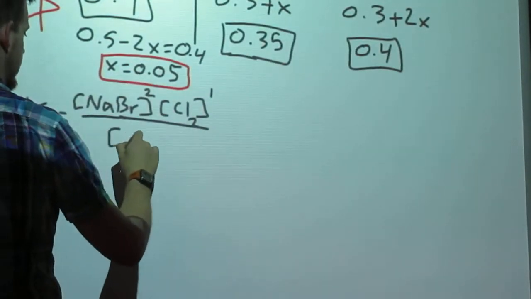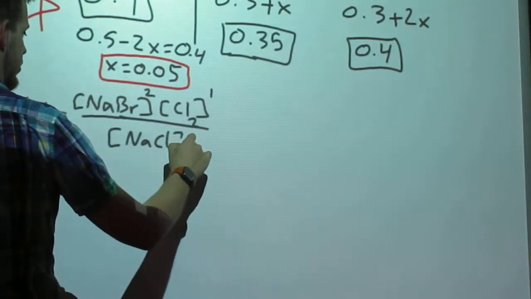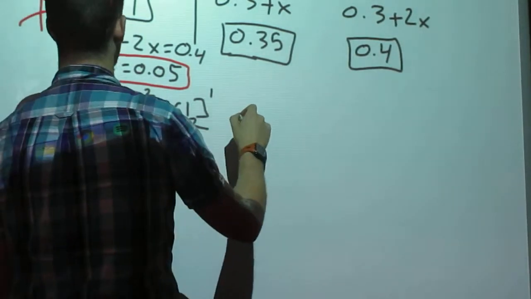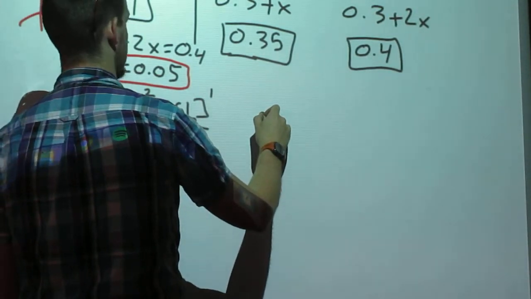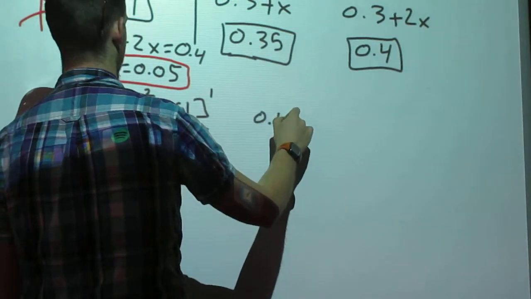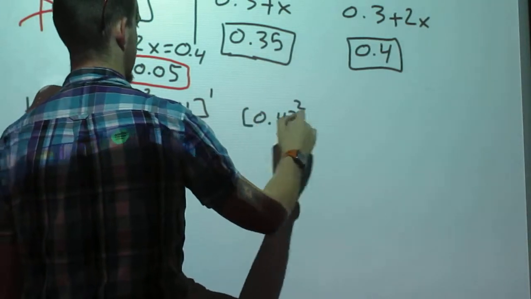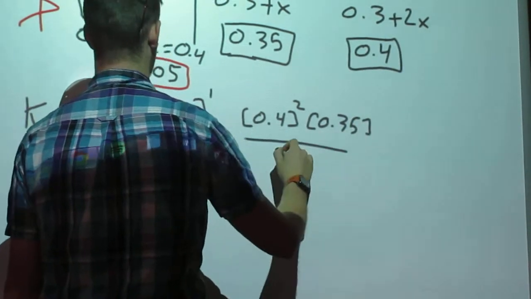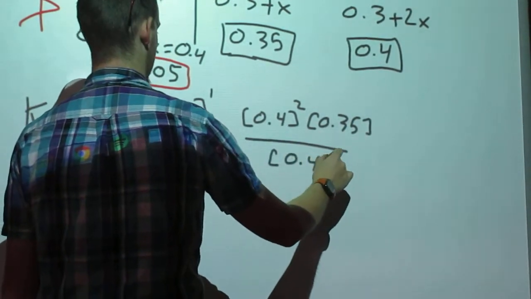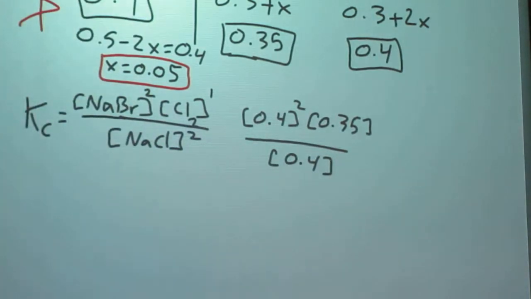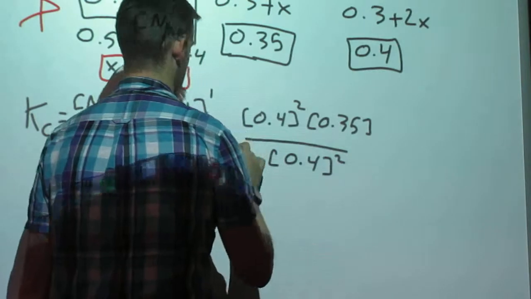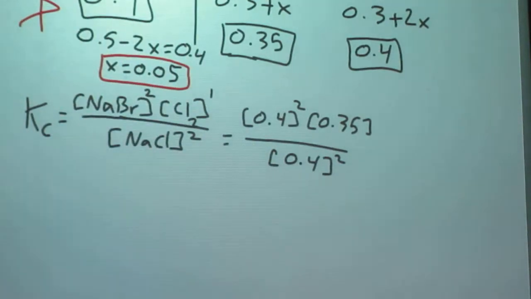This is the NaCl, that is squared. And then we're just plugging in those numbers. So in this case, 0.4 squared, 0.35, 0.4 squared, and that's the problem.